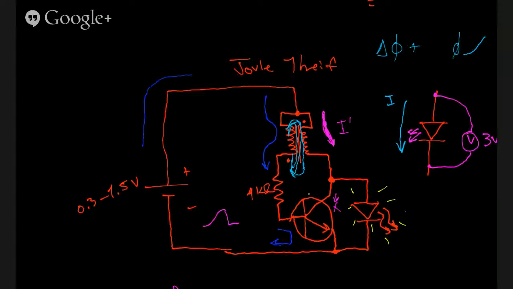Our transistor will turn on and off that quickly until this is all unsaturated. The transistor is not conducting anymore, and then the cycle starts over.